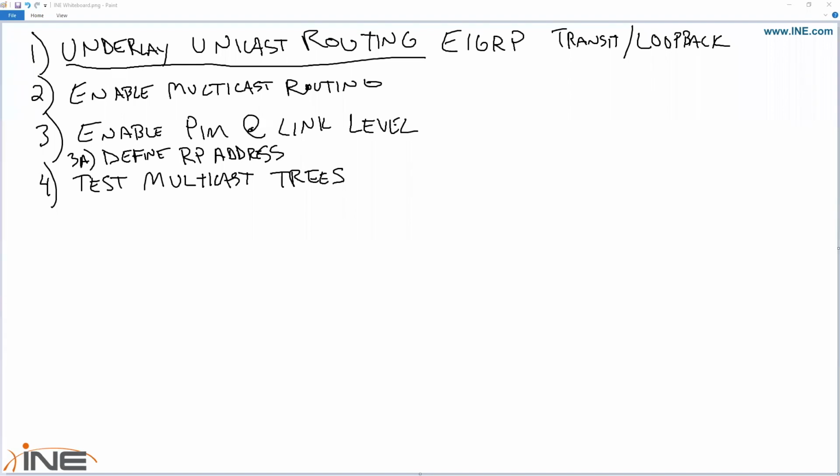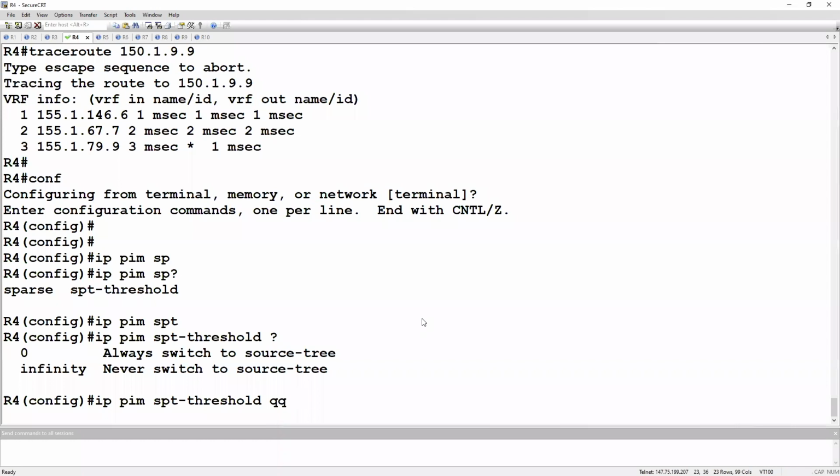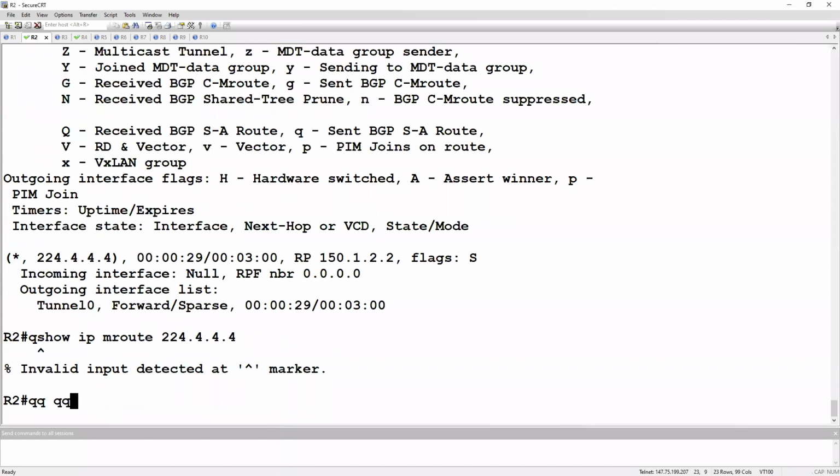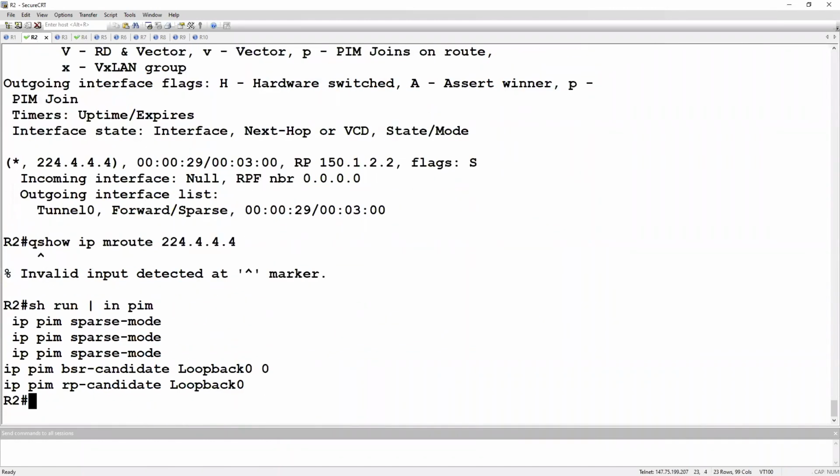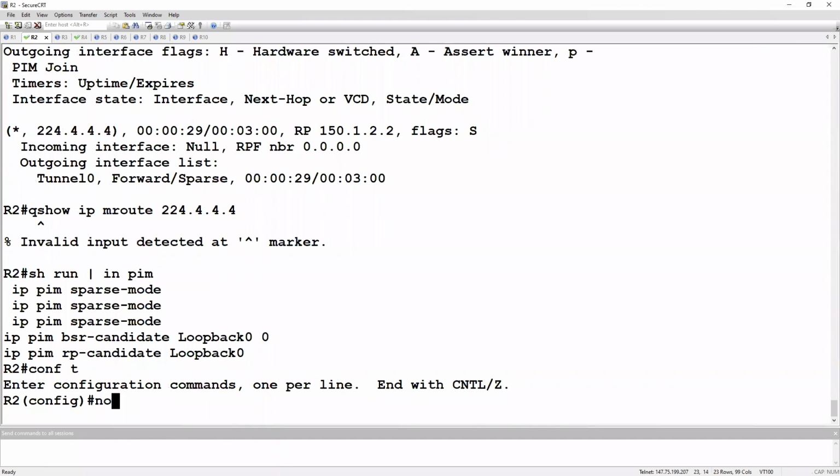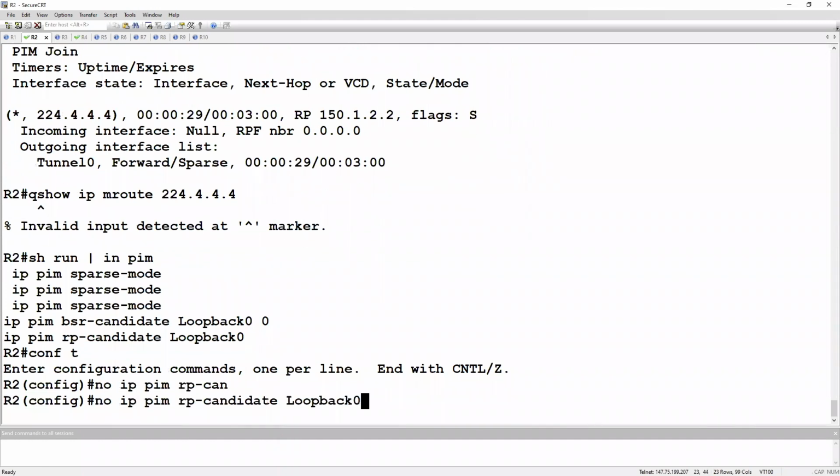So we have a couple more minutes. Let me go ahead and show that design real quick here. On router 2, right now, if we show run include PIM, we're using loopback 0 as the RP candidate. So I'm going to say no ip pim rp-candidate loopback 0.